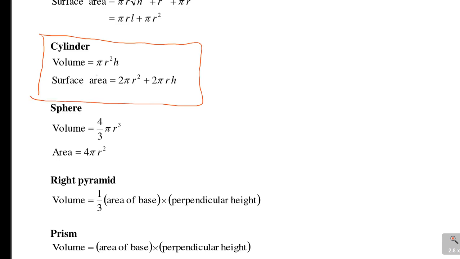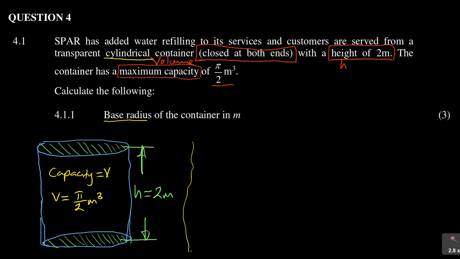This talks about the cylinder and about the volume, and it says the volume of a cylinder is pi r squared h. So I'm going to use that formula: V for the volume is equal to pi r squared h. Remember, I am given the volume and the height.